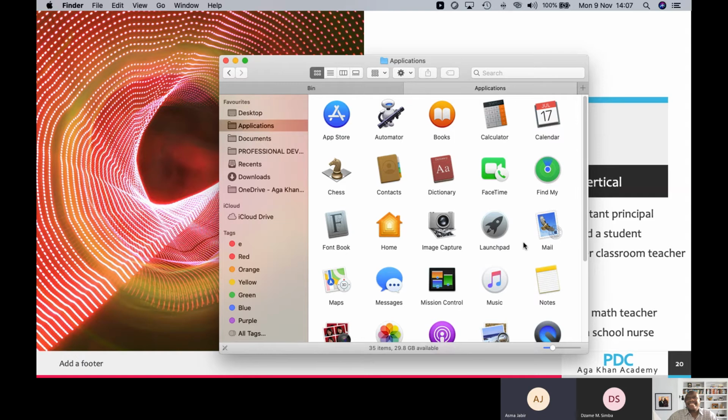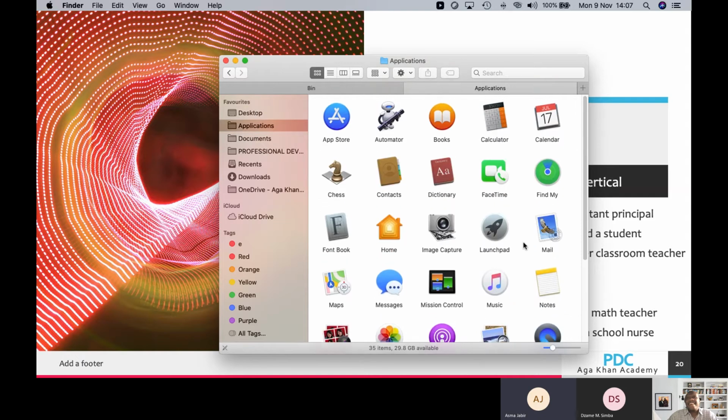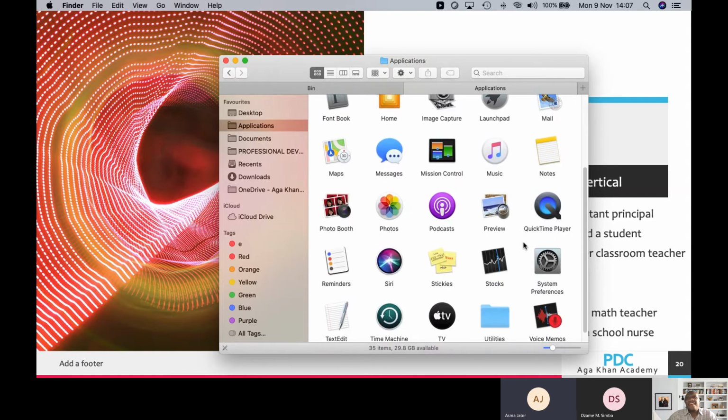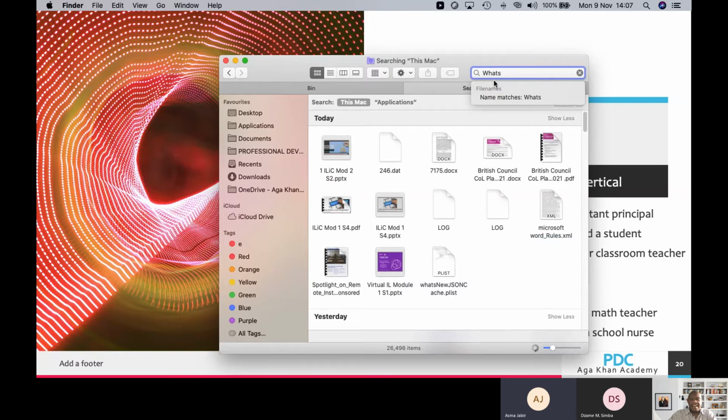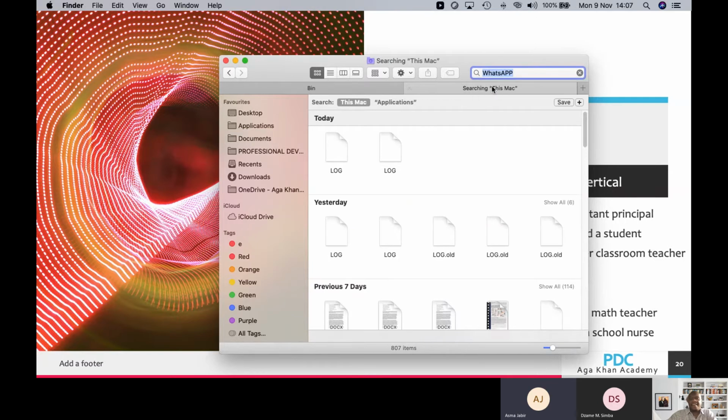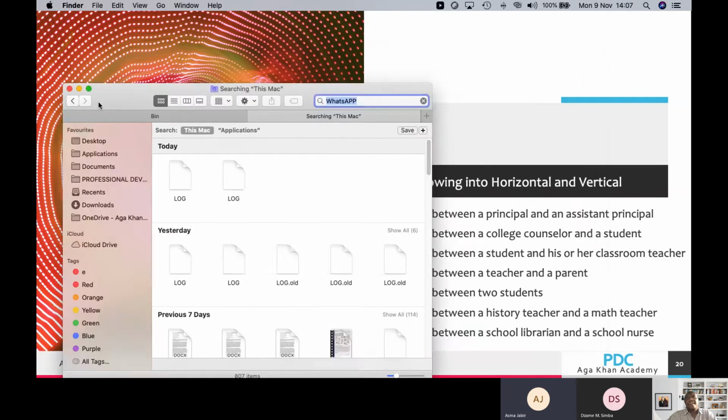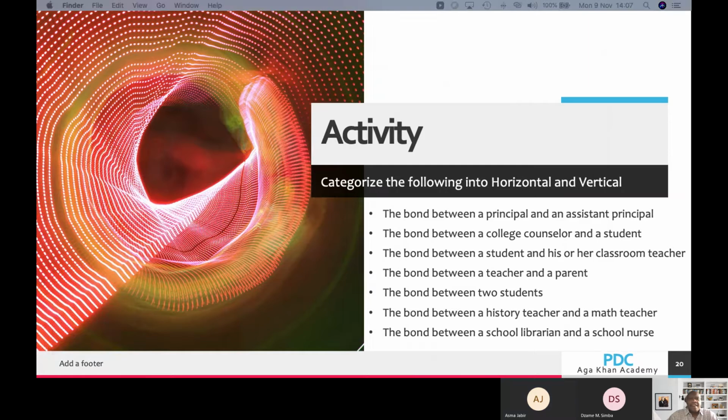I feel because it is within, because it's somebody from inside and outside, according to the way I see it, it should be horizontal. Okay, I think both answers are correct because it also depends on how you relate with your parents.